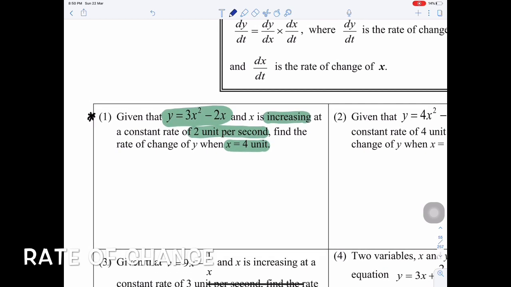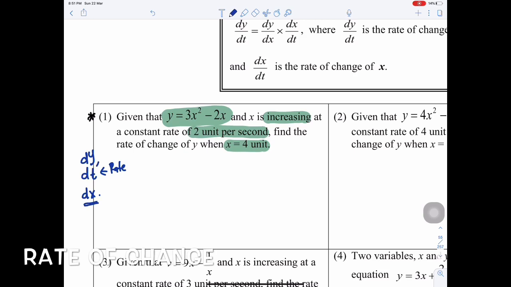As you can see, the first function is dy/dt because of rate of change. If it is about rate, it must involve time. So what is the third function? The third function is dx.